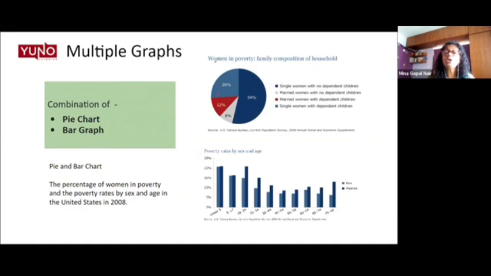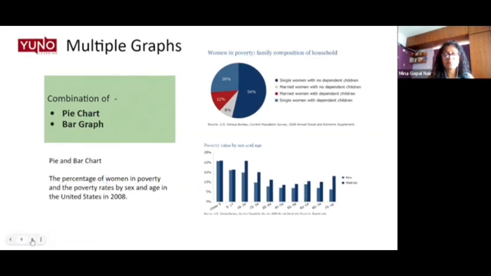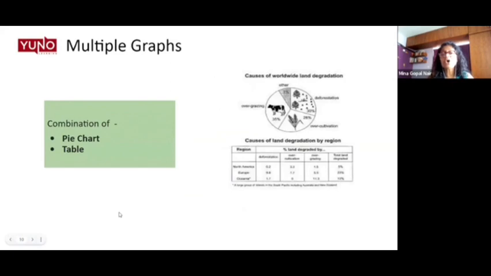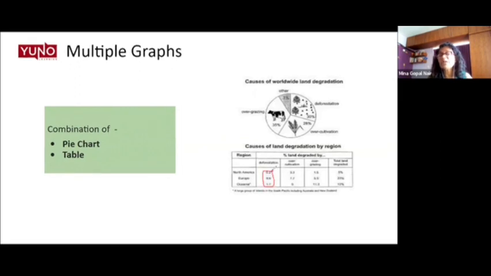How you structure the graph, in terms of the entire structure and the paragraphs, I'll be covering as we go ahead. This is a combination of a pie chart and a table. The table gives you actual numbers, there is no pictorial representation as such.